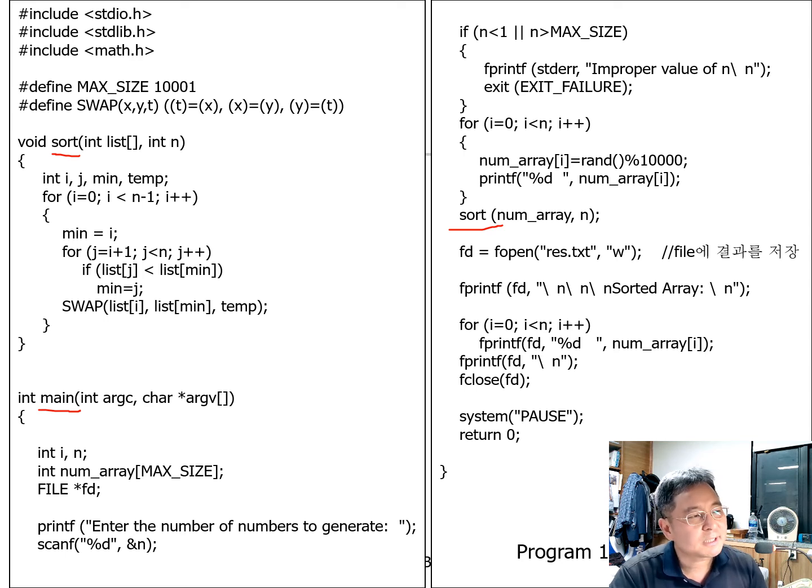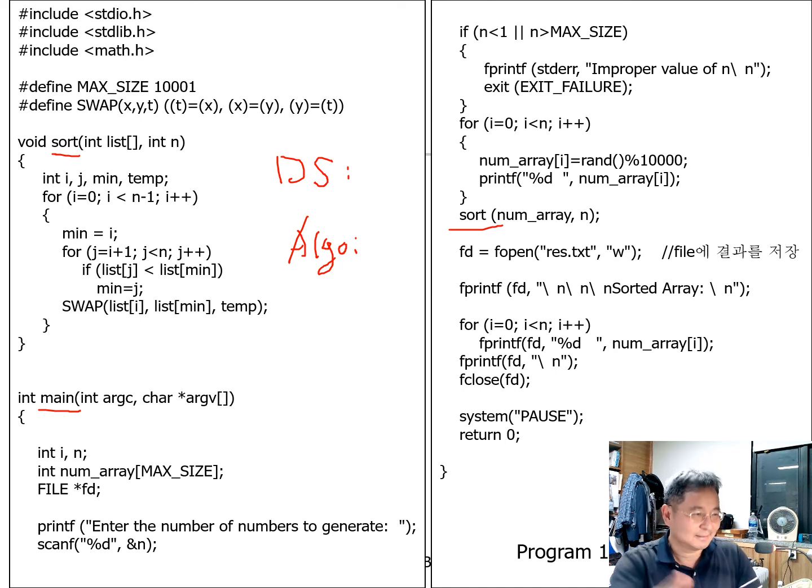Okay, so this one complete program consists of data structure and algorithms. So can you answer what is the data structure used in this program, and what is the algorithm used in this program? Okay, think about it and answer.